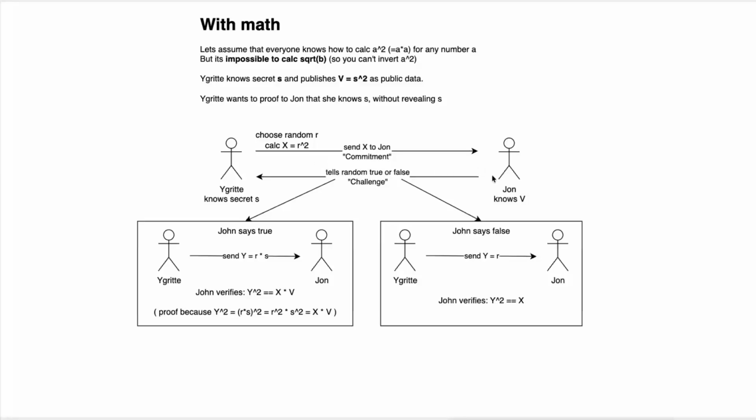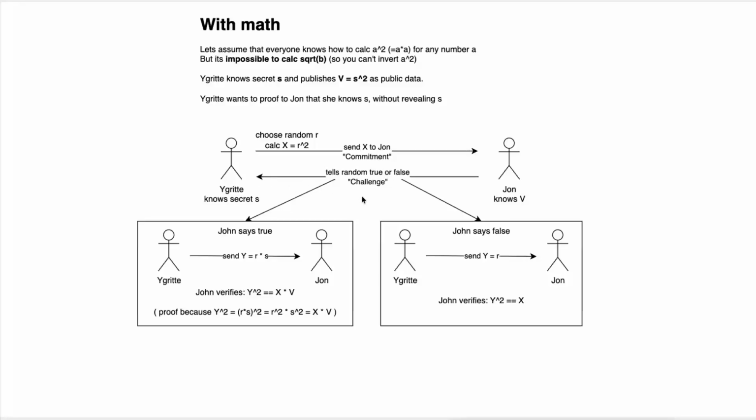Now John says, like before, the blind person who decides to switch or not, John now randomly chooses true or false and sends this challenge to Igwit. So he now gives her the challenge.